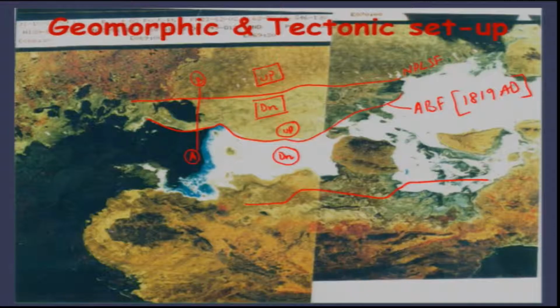The pond which has been formed here, this point is here and this point is over here. Again you have faults here which are dipping towards, so this is north and this is south. This side is your north. Again the back tilting did not allow the water to cross and resulted in the formation of a pond here.